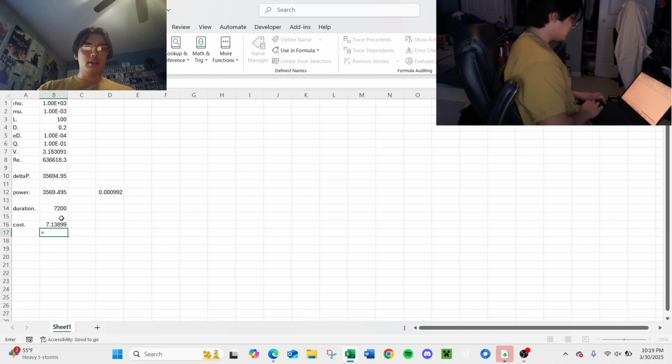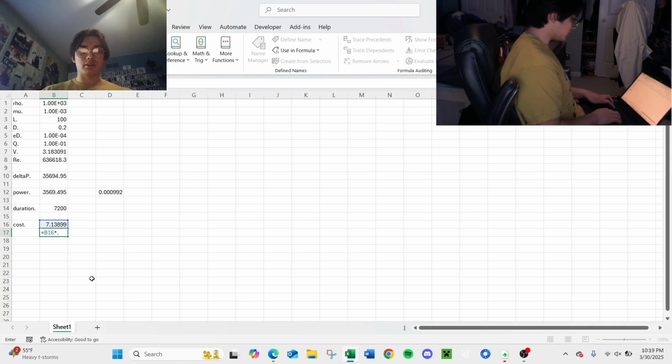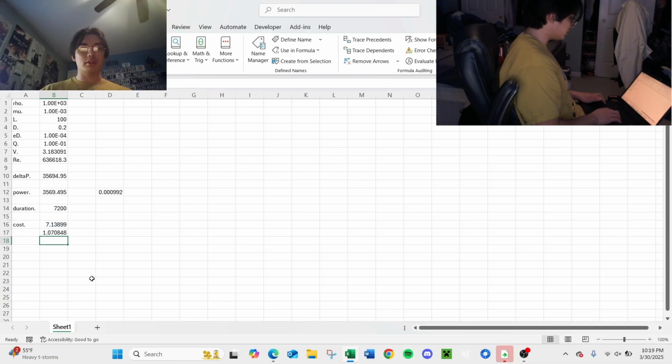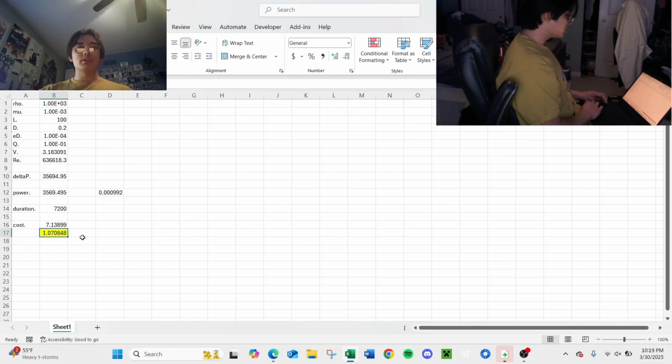And since we need to figure out how much it will cost, the cost for electricity would be 15 cents per kilowatt hour, multiplied by 0.15, you get 1.0708. So this number right here will be the cost to run a 100% efficient pump, assuming that the cost is 15 cents per kilowatt hour.